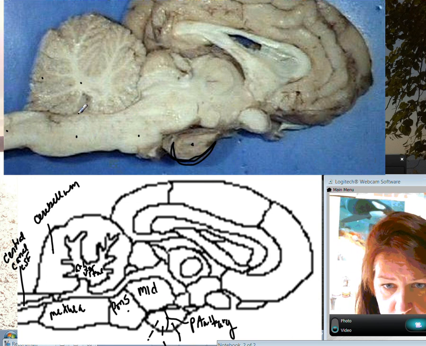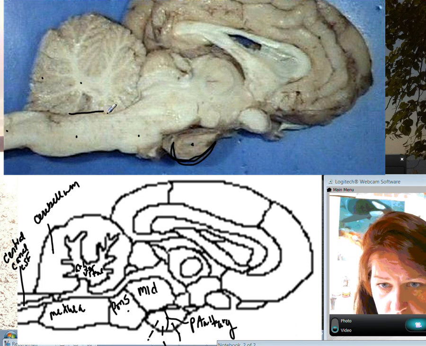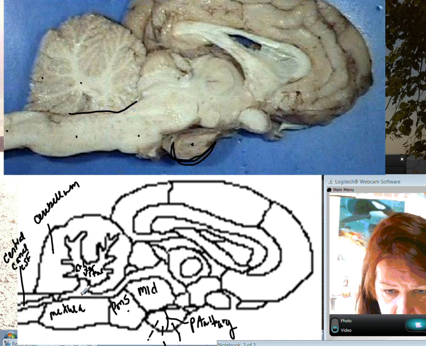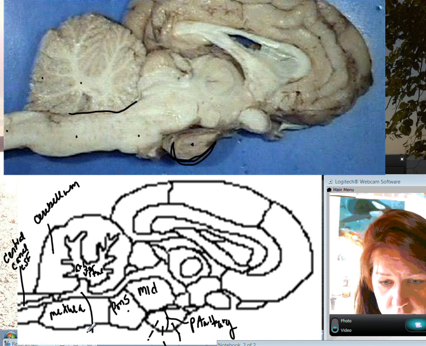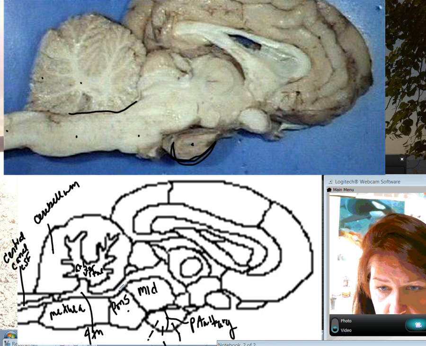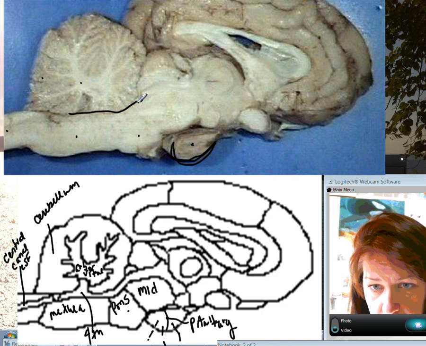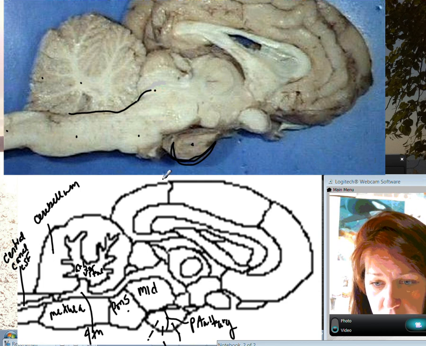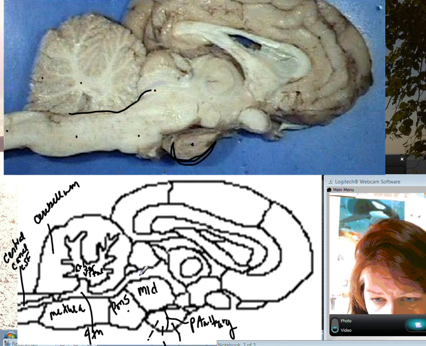Now let's go here. If I were to stick my needle anywhere under here, I think we're pretty good, knowing that this region right here is the fourth ventricle. It is continuous with what becomes, you can see it in here, a lot of you had it no problem, the cerebral aqueduct.